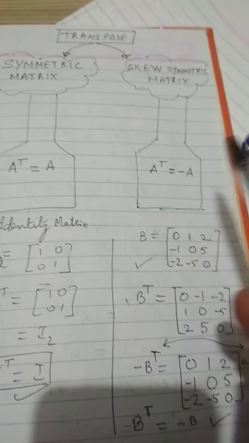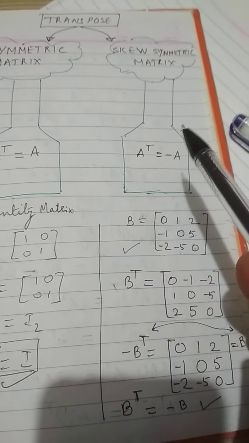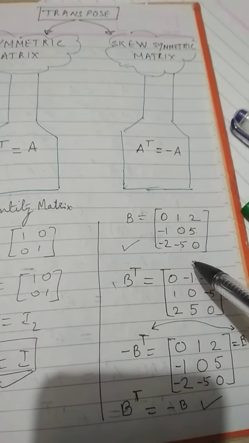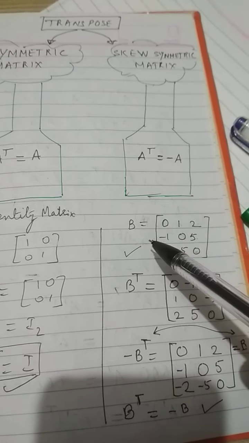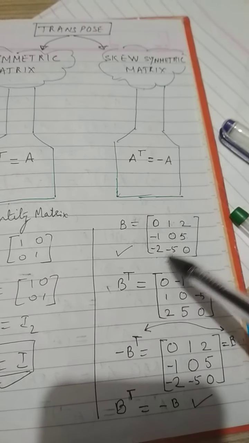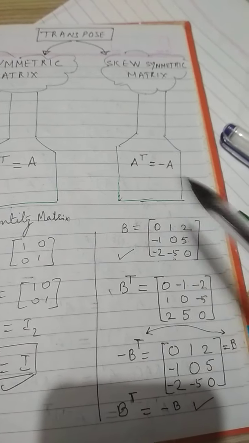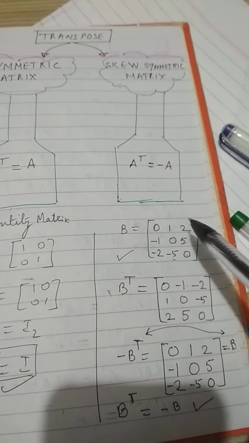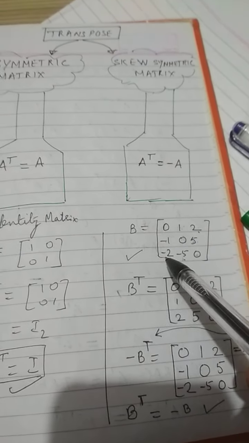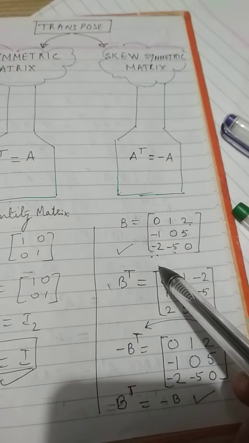Do you remember this note? Here I have told you that every skew symmetric matrix has diagonal elements 0, and about the diagonal, the elements are oppositely signed. If this is 5, this will be -5. You see the location and reverse it. The first row, third column element will be negative of the third row, first column element.